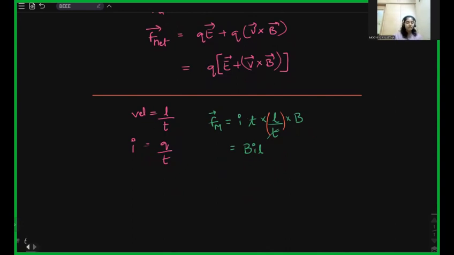The V in QVB is velocity, and Q is the charge. We know the basic equations for velocity and charge.